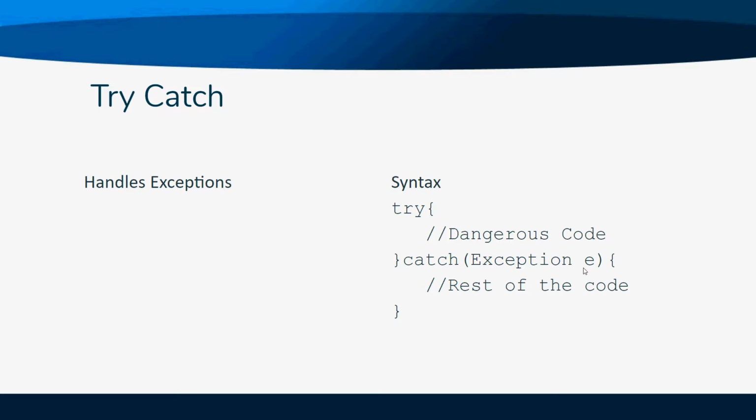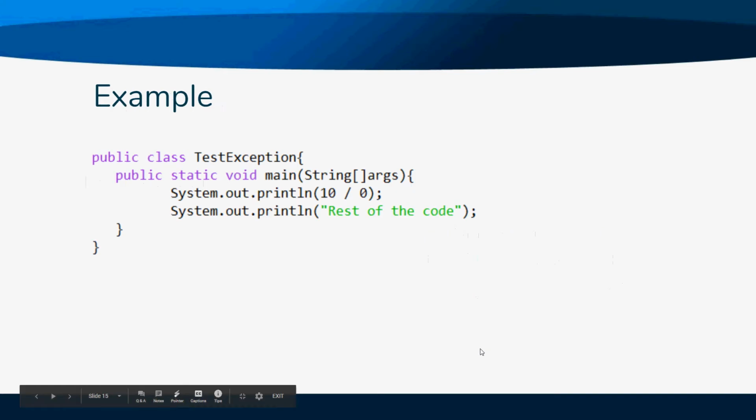If you want to be specific in how you handle the exceptions, you can break it down and say, I'm going to catch a file not found exception, I'm going to catch an input type mismatch exception. But this will just handle every exception. And any code you need to happen, if that dangerous code crashes, you can put into your catch.